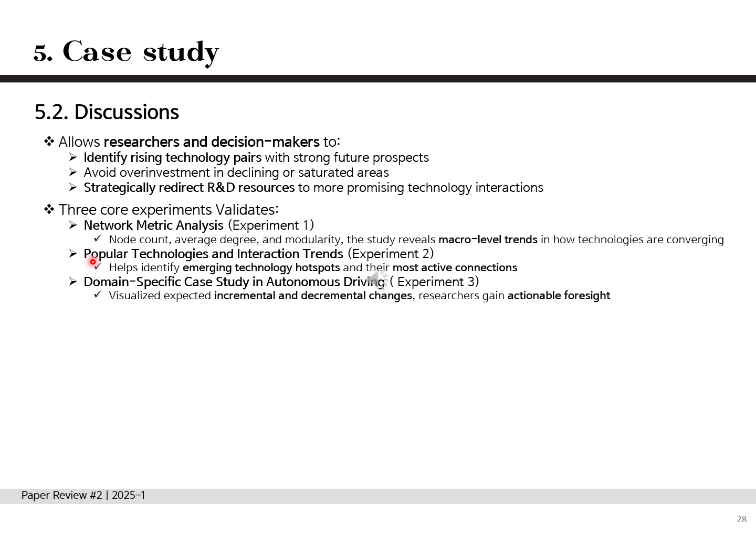For the popular technologies and interaction trends, they identified emerging technology hotspots and their most active connections. Lastly, they checked the domain-specific case study in autonomous driving and visualized the incremental and decremental changes.